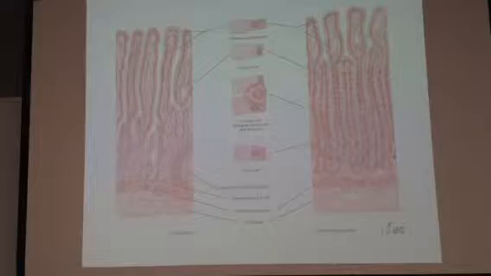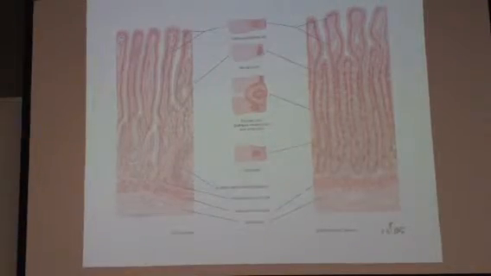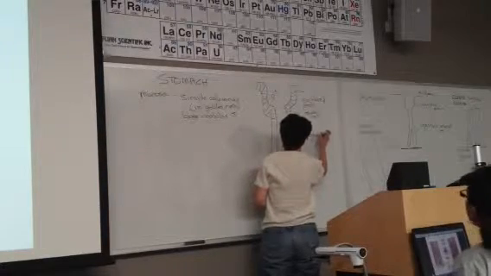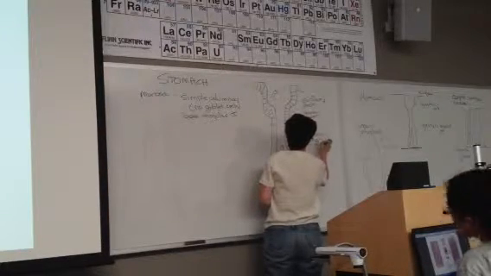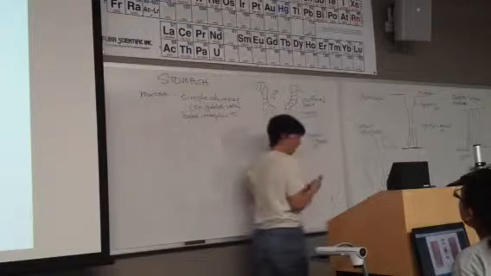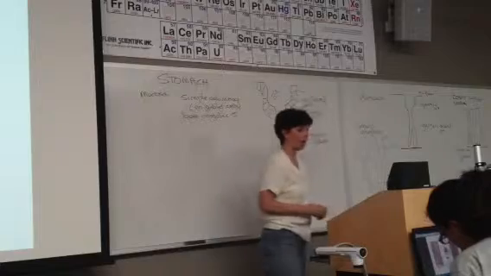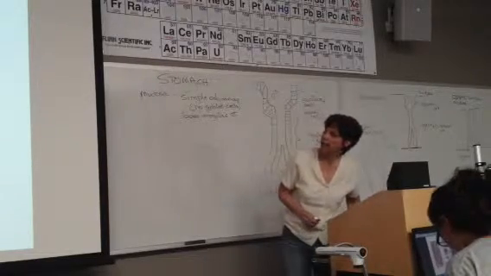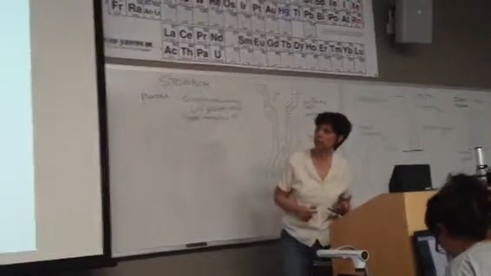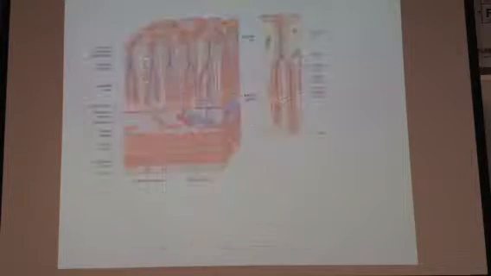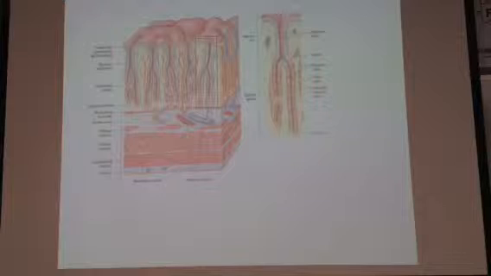The rest of the gastric gland, so this would be the pit, and this would be the gastric gland. The enzymes of the stomach are activated by hydrochloric acid, and so these cells have a kind of round or triangular appearance, and they're shown in a different color there.